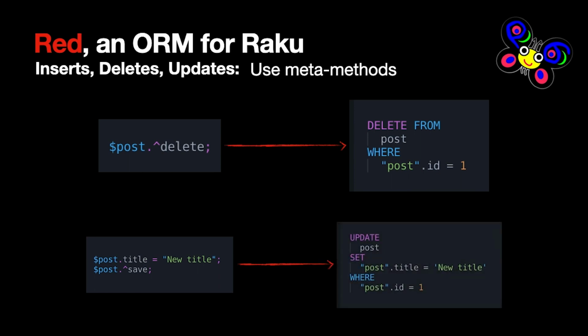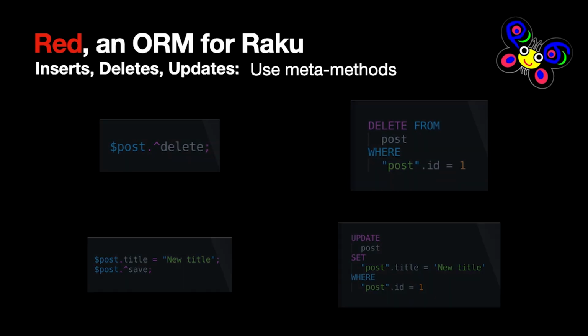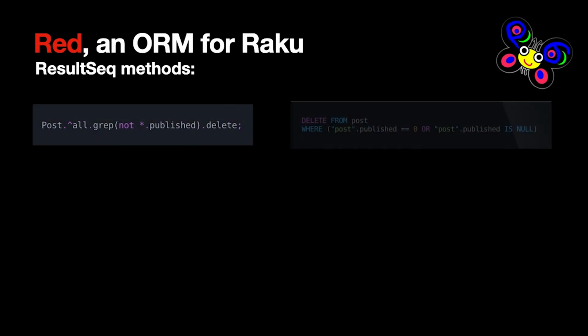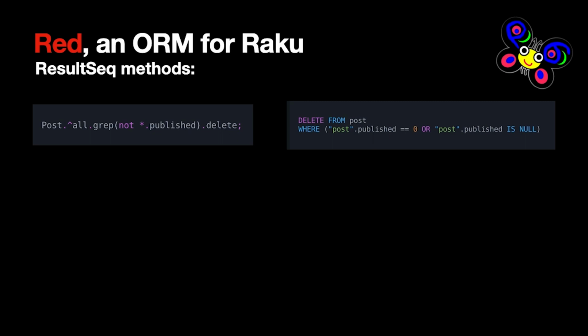But if you want to delete a bunch of rows without needing to iterate over them or getting them from the DB, you could just use a result-seq method. So to delete all the non-published posts, for example, you just get a result-seq representing all posts with the column published being false.